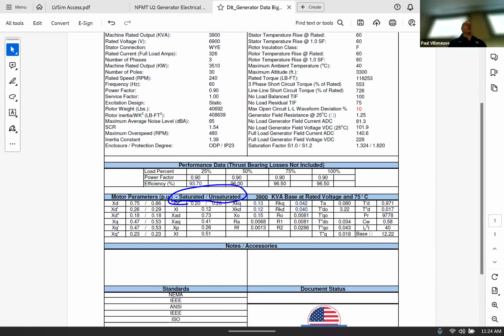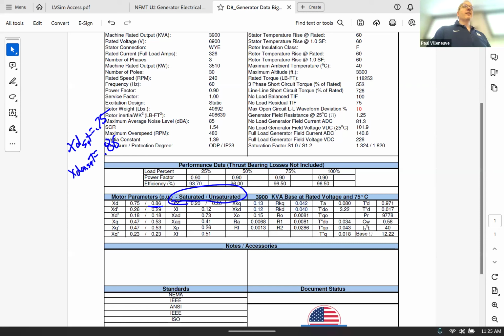It actually tells you. One's the saturated value, one's the unsaturated value. So this is 0.75. XD unsaturated is 0.86. Says it right here.